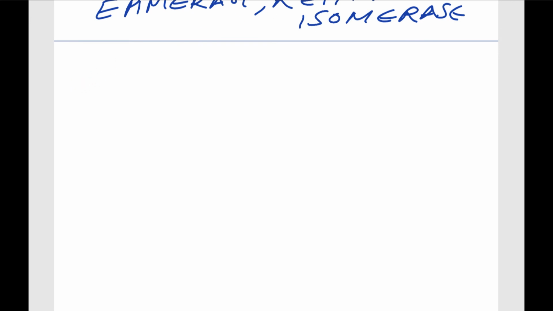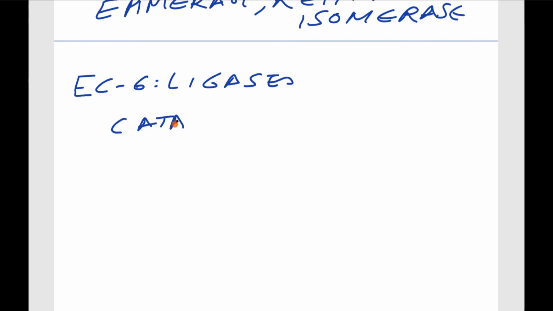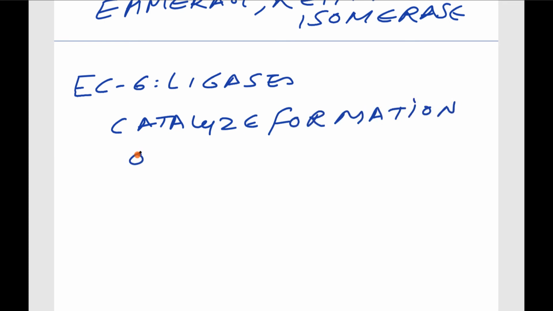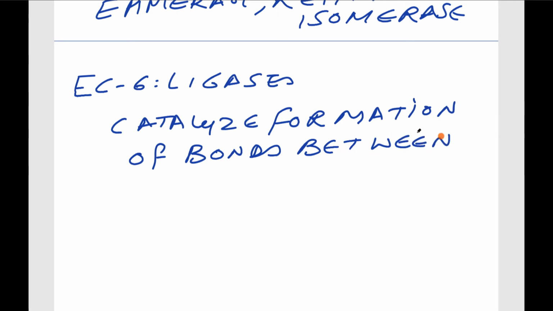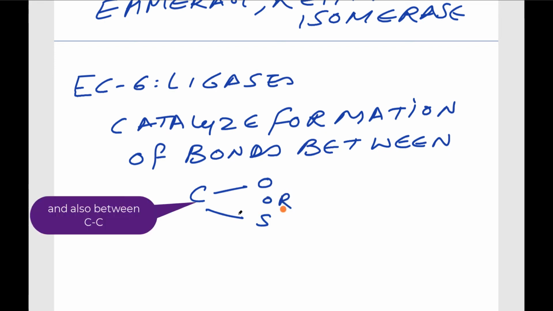Let us take up the sixth one, EC6. What are these enzymes? Ligases. What do ligases do? They catalyze formation of bonds between CO, CS or CN groups.